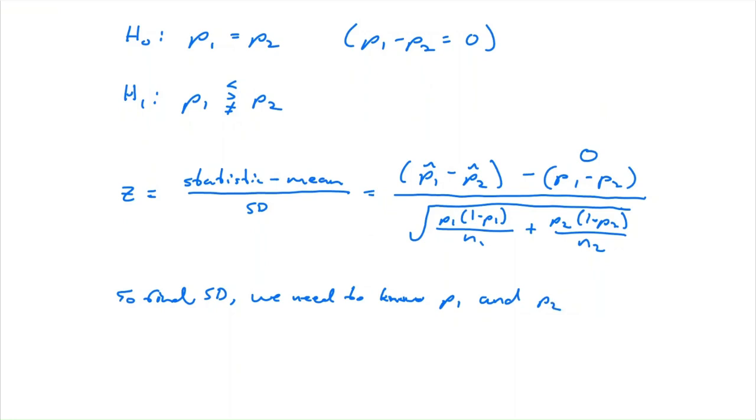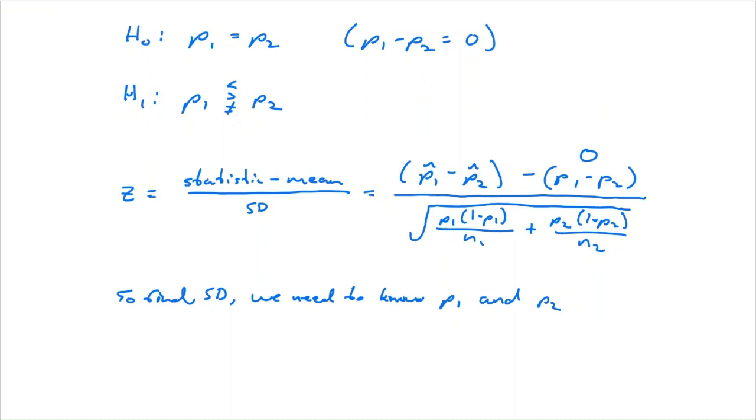All right. If we knew the population proportions, we wouldn't even have to do this test. We'd already have our answer. We'd know whether or not P1 is less than or greater than or not equal to P2. But we sample, right, to make an inference about the population. So we don't know P1, P2. All right.